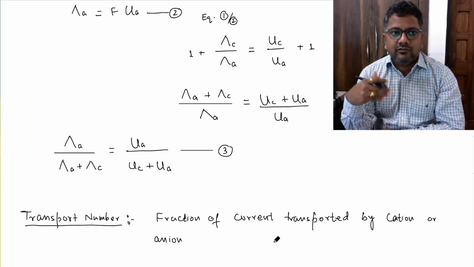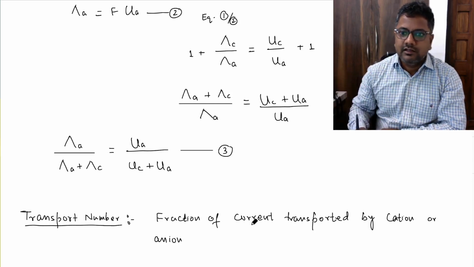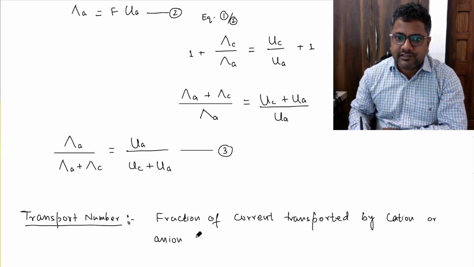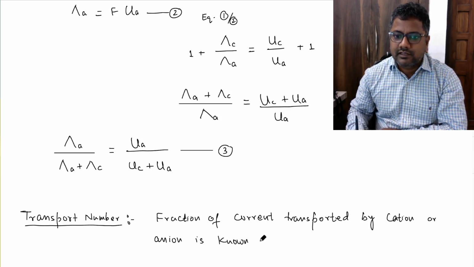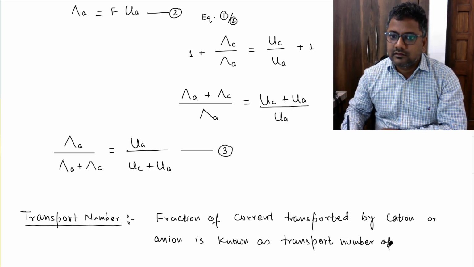And if you want the complete transport number, this is always equal to 1, because this is a fraction and the sum of fractions is always equal to 1.